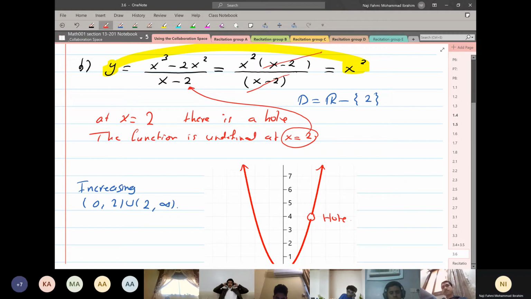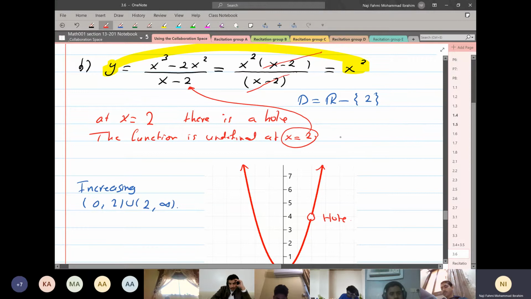I cannot hear you. Substitute 2 in the given function. Substitute means plug in. At x equals 2, what's the value of y?